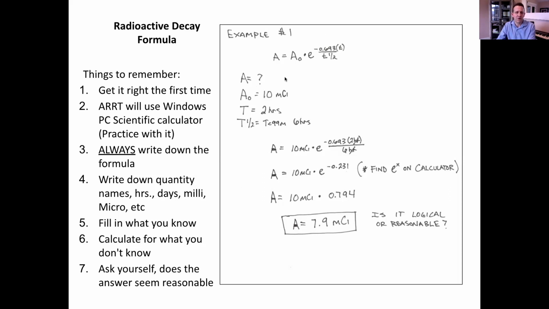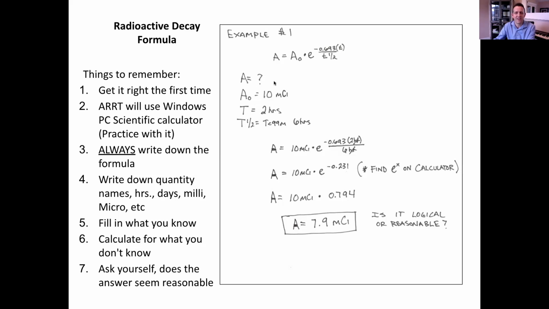When you look at these on your homework, it's written out as kind of a word problem. So with this one, for example, it might say something like, you have a tech source that was measured 2 hours ago to be 10 millicuries.